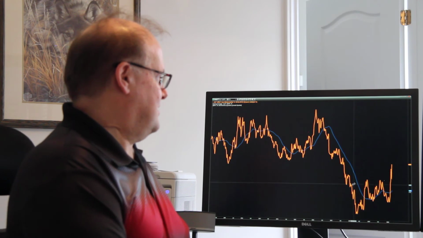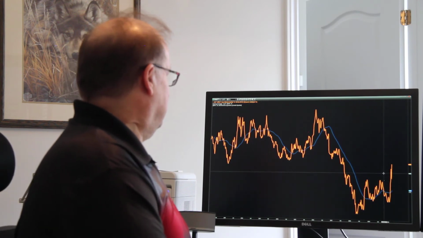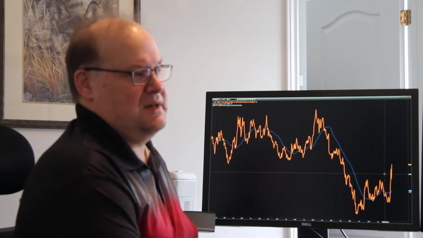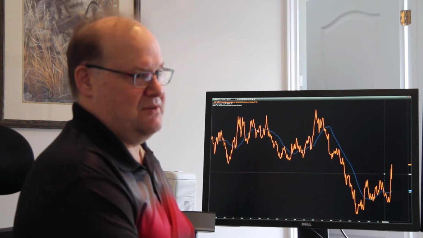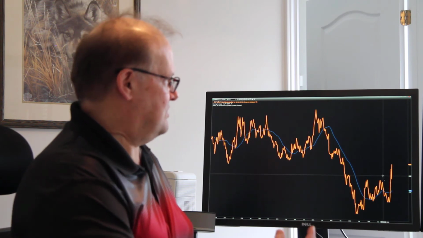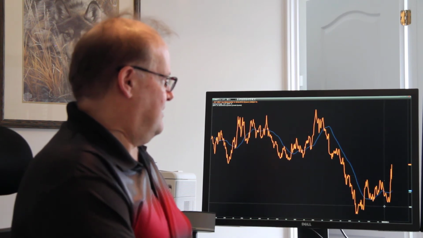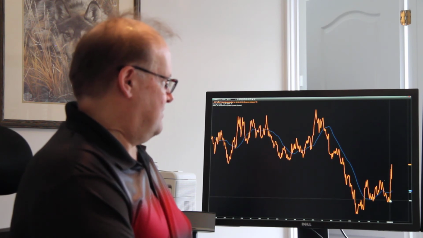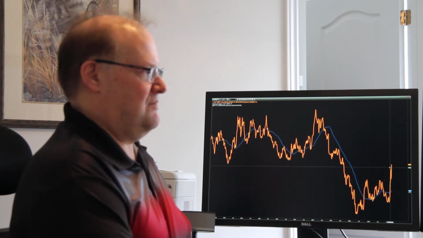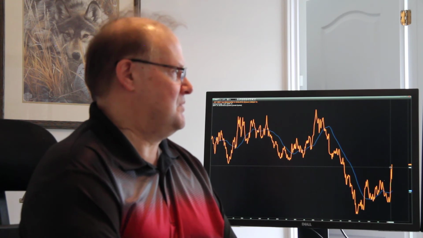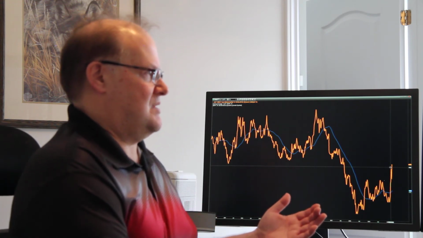And this is basically the consumer staple ETF divided by the S&P 500. So as money goes to the consumer staple sector, the index goes up, and this chart goes up. And we've just seen this really take off as money now is rotating into consumer staples. So that's another bearish sign.